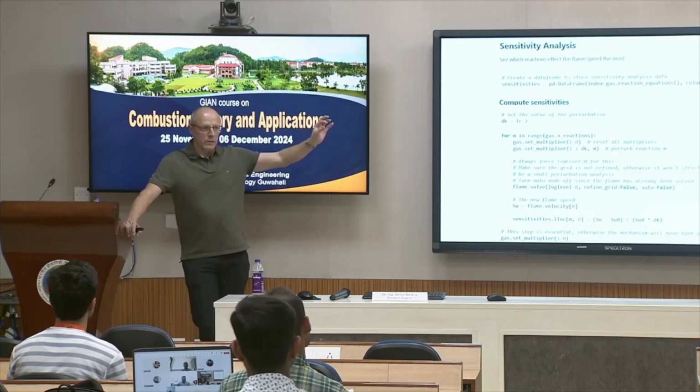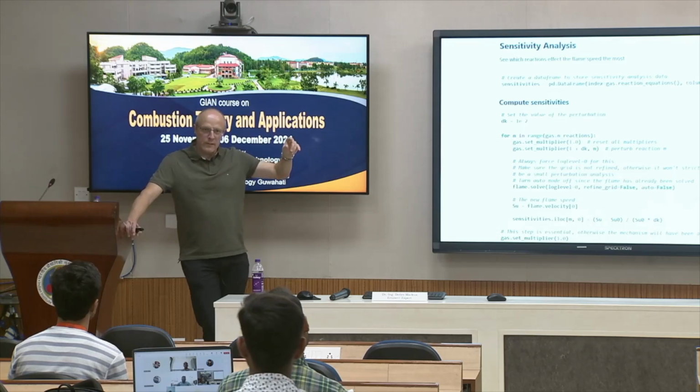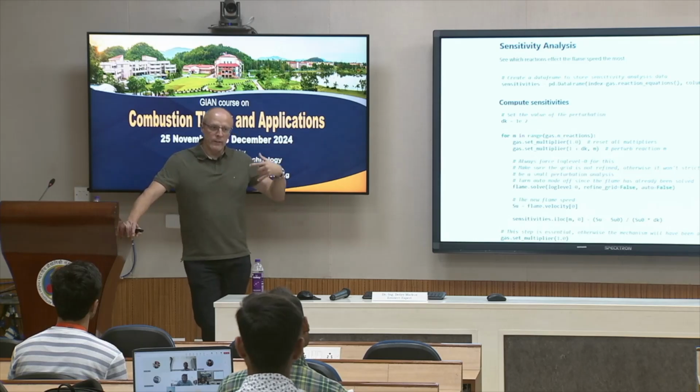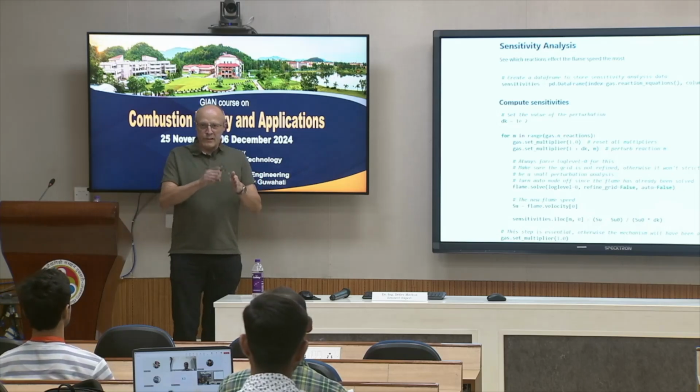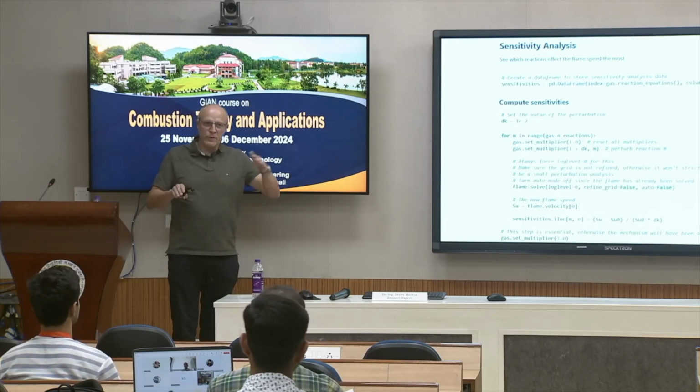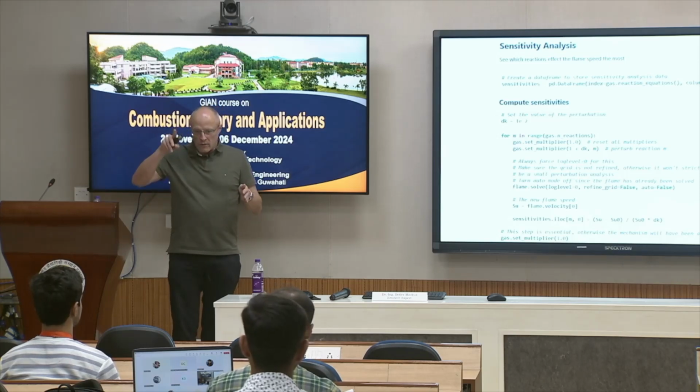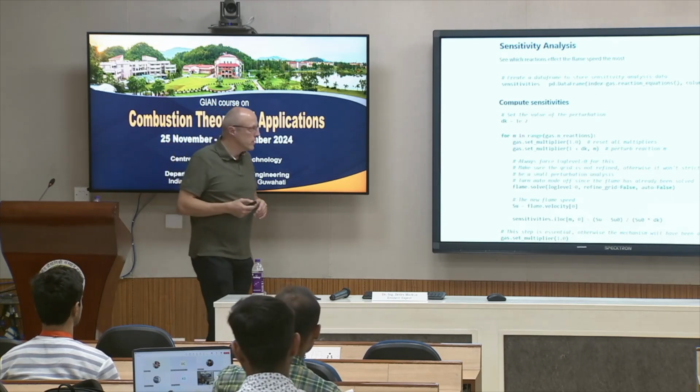So we take equation number 1, change it by a specific factor, and calculate again, here for this example, the flame velocity, and compare the disturbed solution with the undisturbed solution. This we do for each of our reactions.